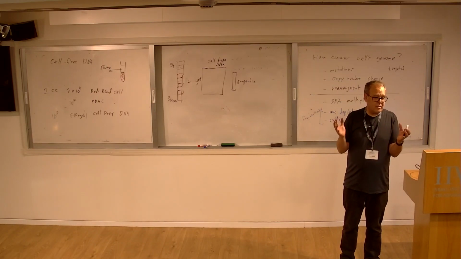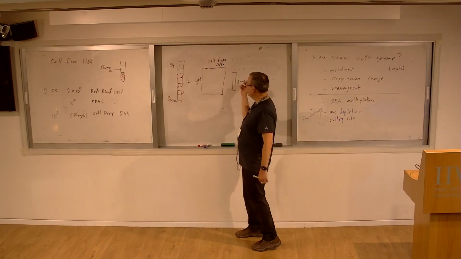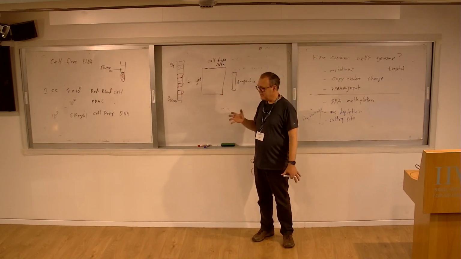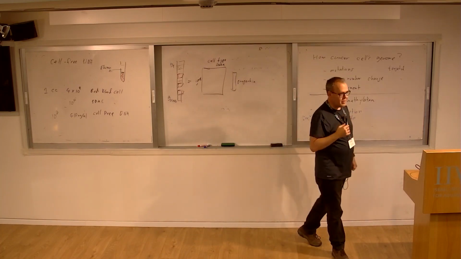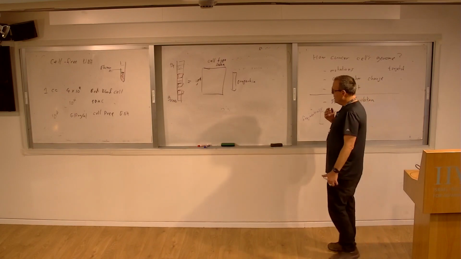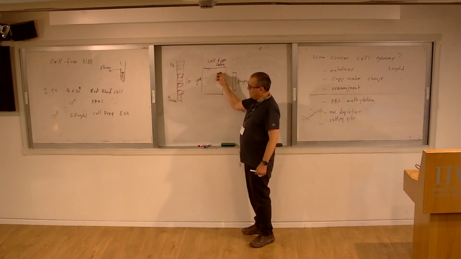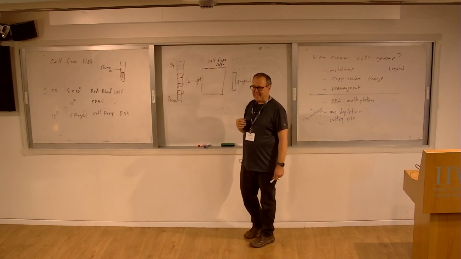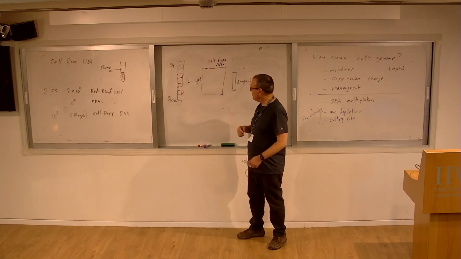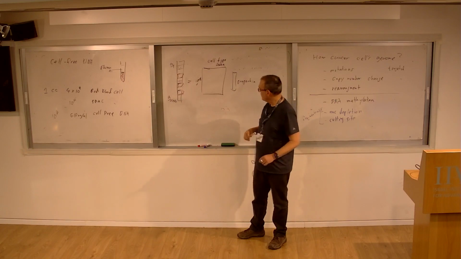Now that sounds easy. If I know this matrix, I can invert it in linear algebra. And again, this is where life comes to bite you in multiple ways. First of all, we don't have this matrix, and our approximation for this matrix proved to be much worse than we expected.